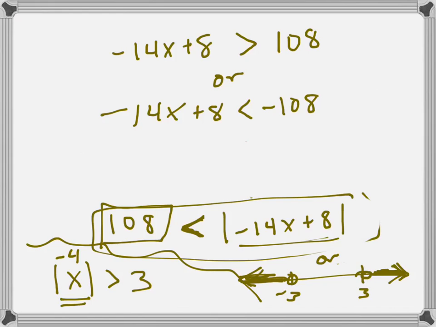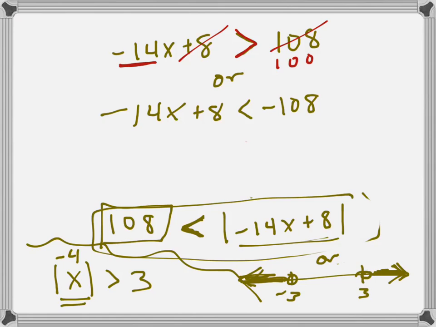Alright, so now these are the two inequalities that I'm solving, and we can do each one. Notice I'm going to have to divide by a negative 14, so these signs are going to flip when I divide. So first let's subtract 8, so it's 100, and now let's divide by negative 14.